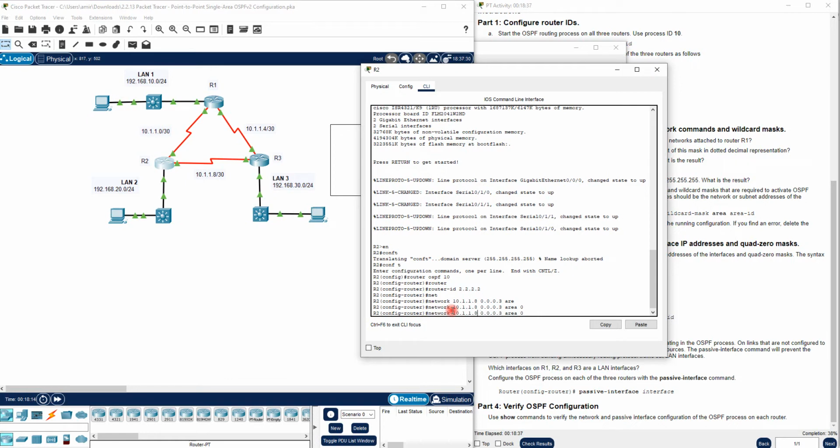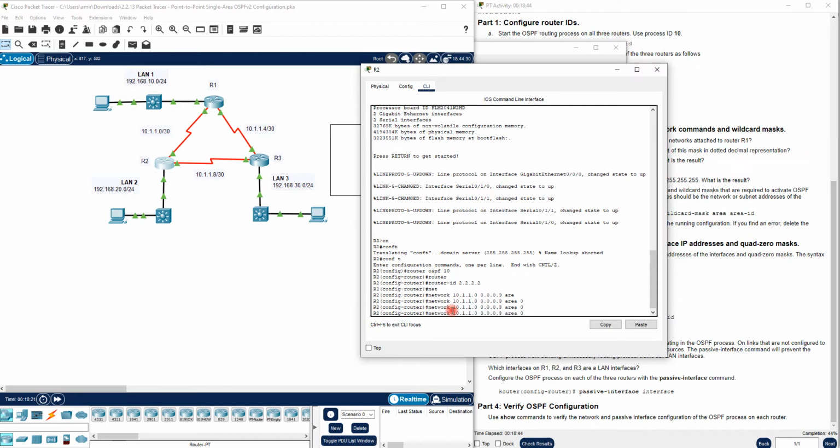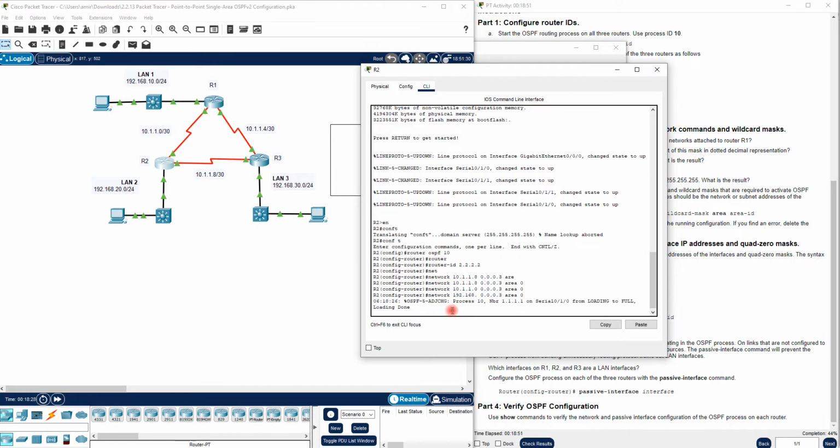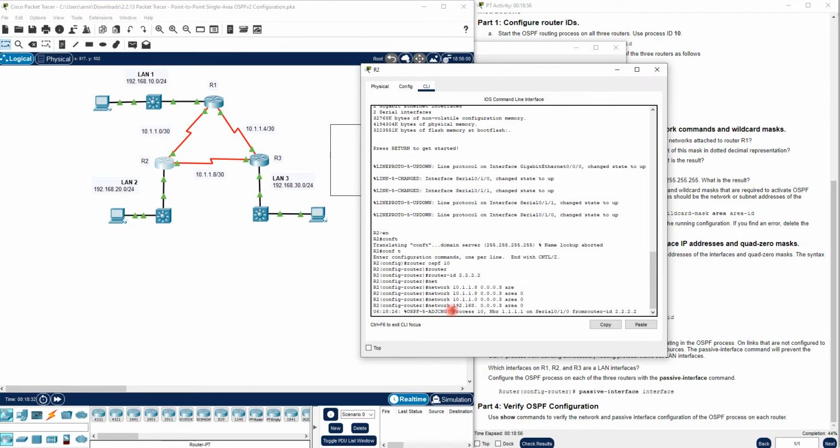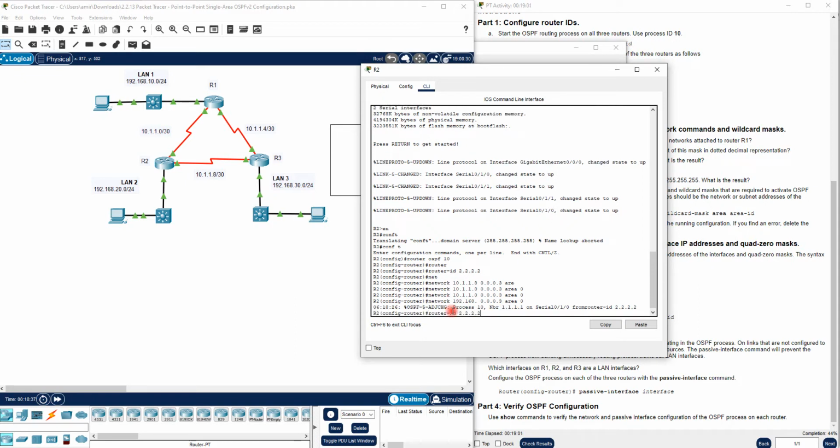And the other thing, we have also 192.168.20.0 here. This is a LAN. What happened here? Because I have received information from the any log and it interrupted my command.